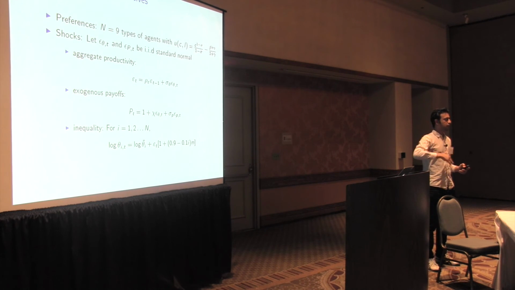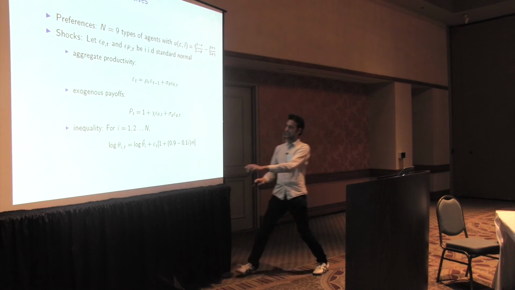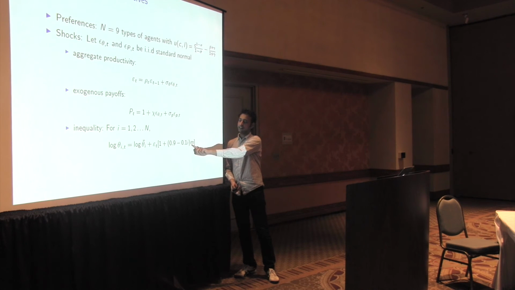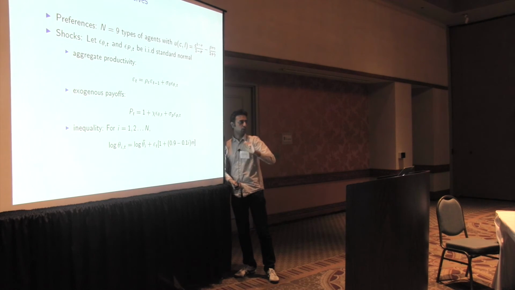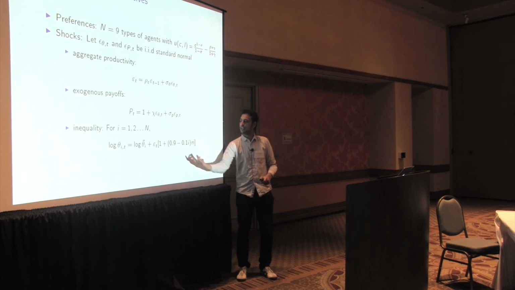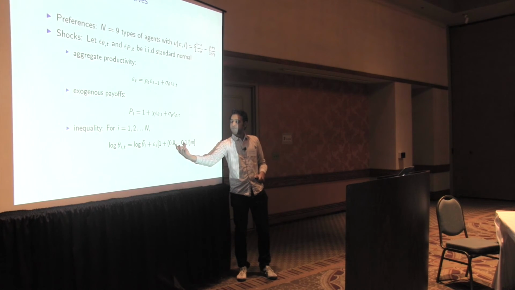What we have here is a convenient way to capture the idea that different deciles may have different falls in earnings in booms and recessions. So what you see here is that there is a factor M which loads on the difference between 0.9 and something which is increasing in i. So think of i as being 1, 2, 3, 4, 5, 6, 7, 8, 9. If i was 9, this term is absent.